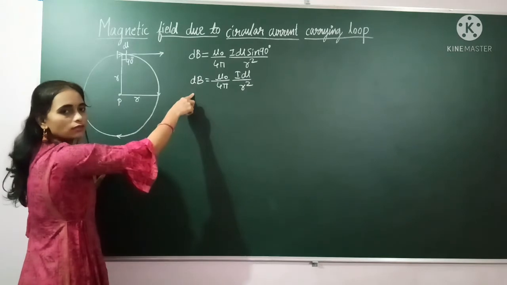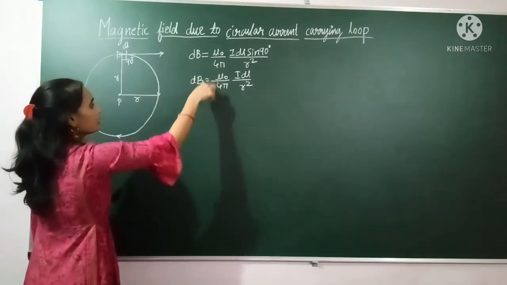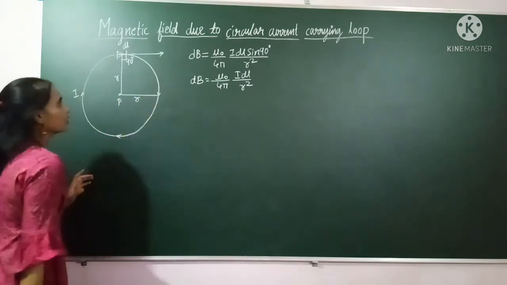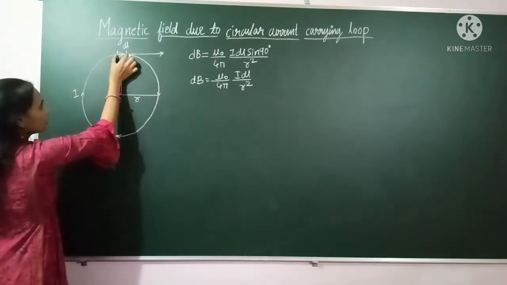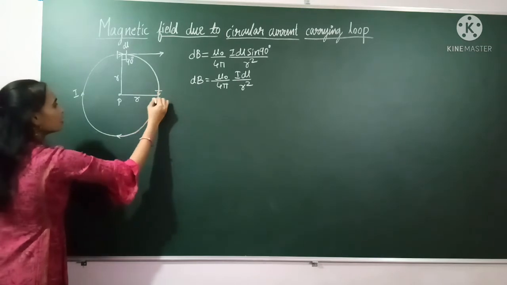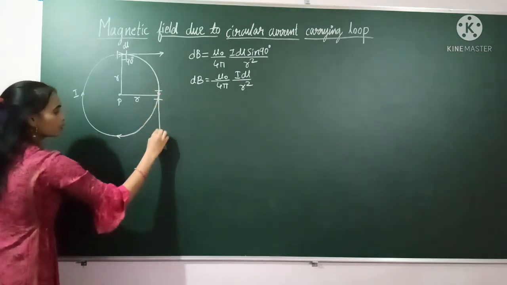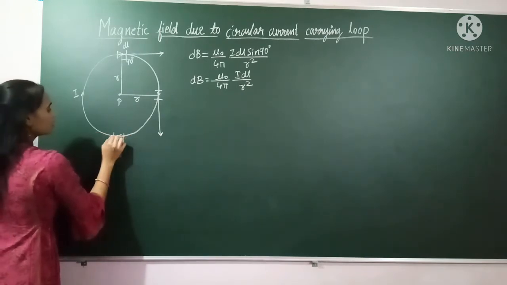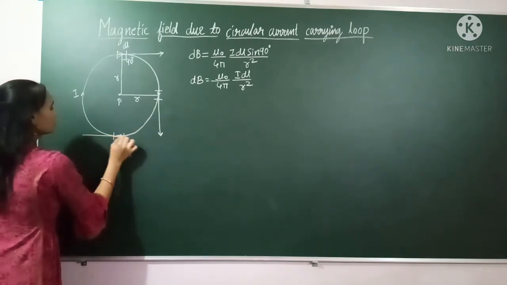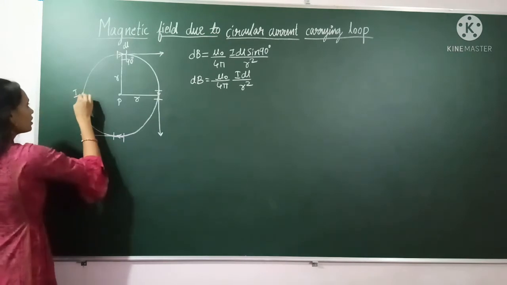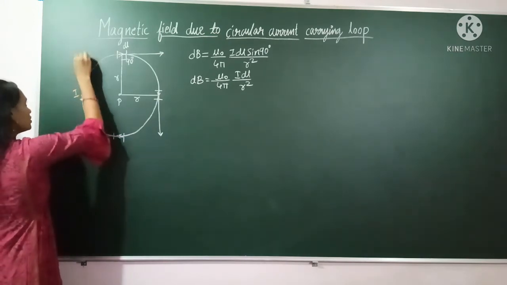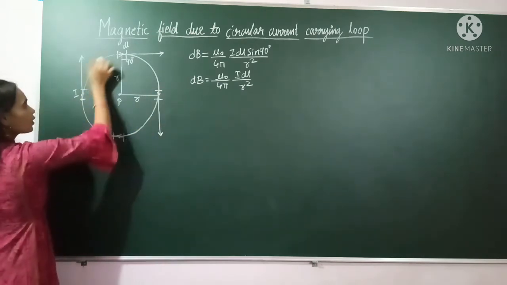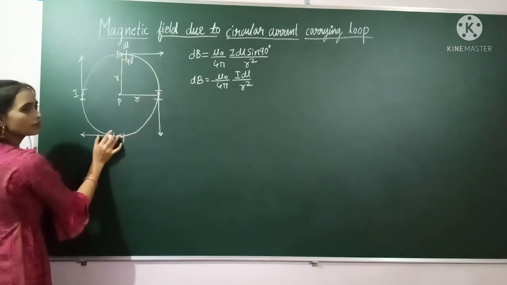If you got this value, then if you integrate this equation, we will get the magnetic field for the complete wire. For example, if you take a current element here, this will be the direction of the current. Similarly here, this will be the direction of the current. Like that, these are the small current elements of this complete circular loop.